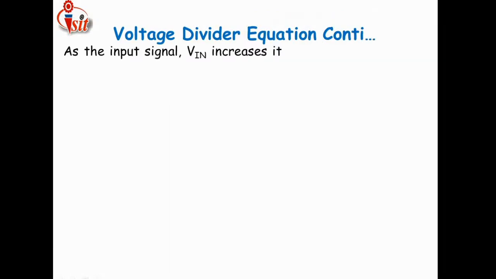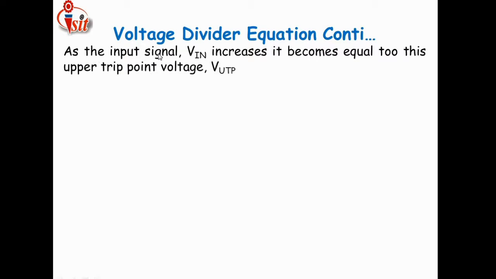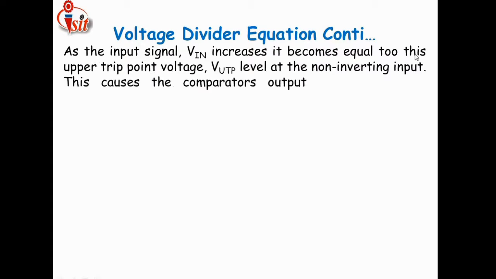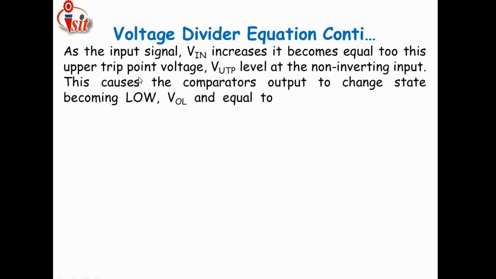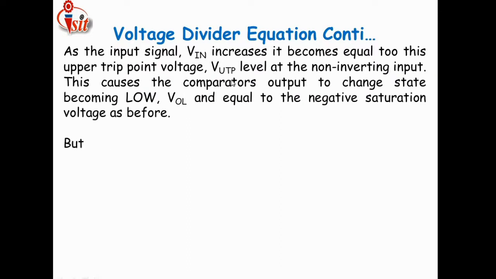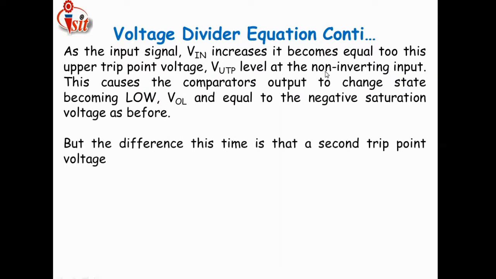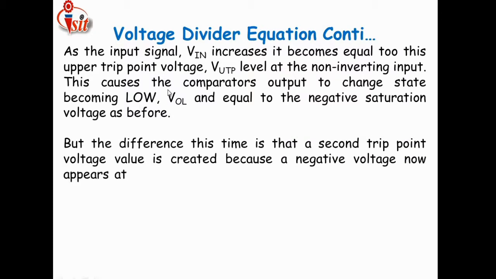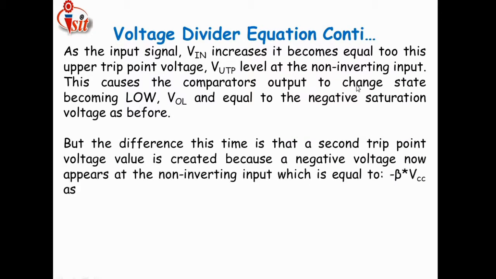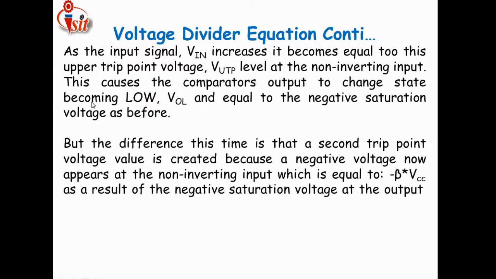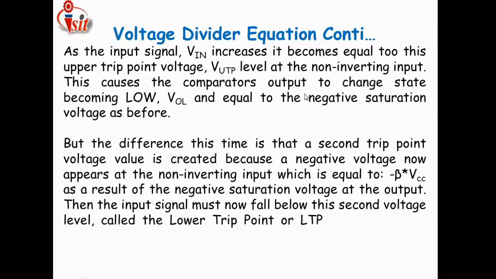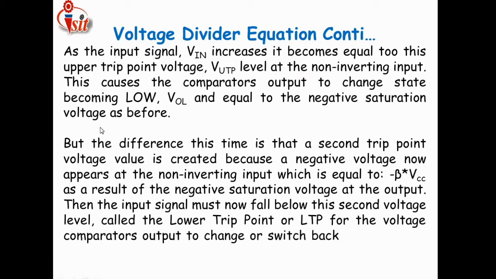Along with the voltage divider equation, as the input signal Vin increases, it becomes equal to this upper trip point voltage, the UTP level at the non-inverting input. This causes the comparator's output to change state, becoming low, a very low voltage equal to the negative saturation voltage.